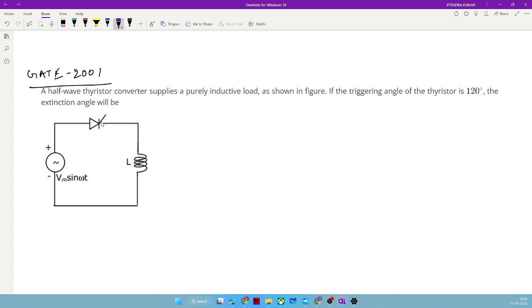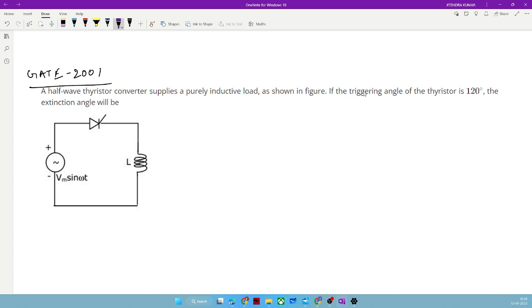In the problem, it is asked that a half-wave thyristor converter supplies a purely inductive load. It means there are no other resistances, so whatever energy it stores, it will have to dissipate into the source only or the devices. Nothing else is there.